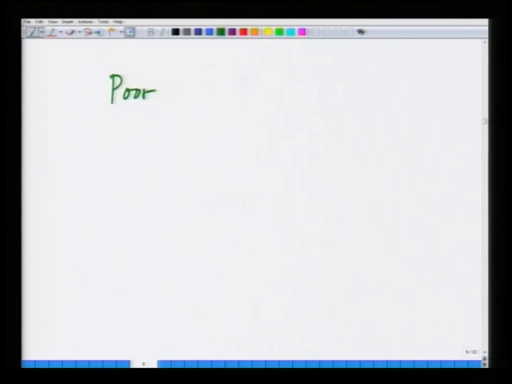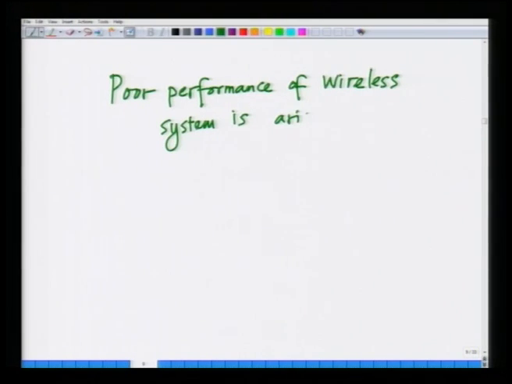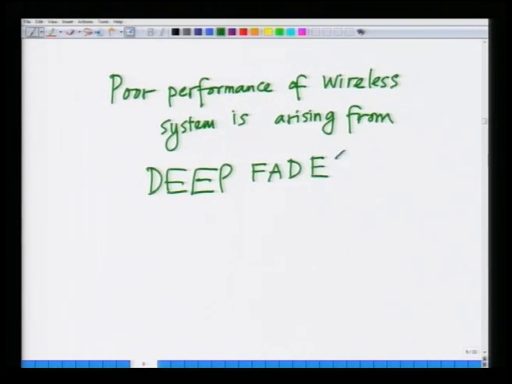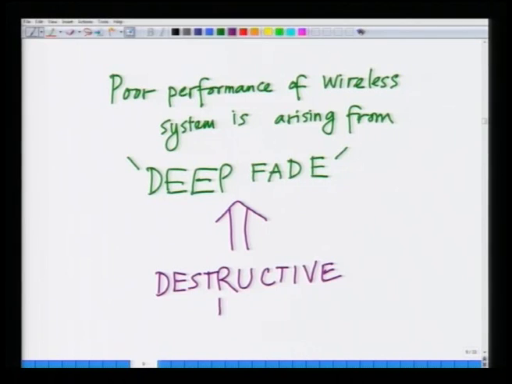The poor performance of wireless system is arising from the deep fade, that is, the channel fading coefficient A is less than 1 over square root of SNR, and this is in turn arising from the destructive interference in the wireless communication channel.